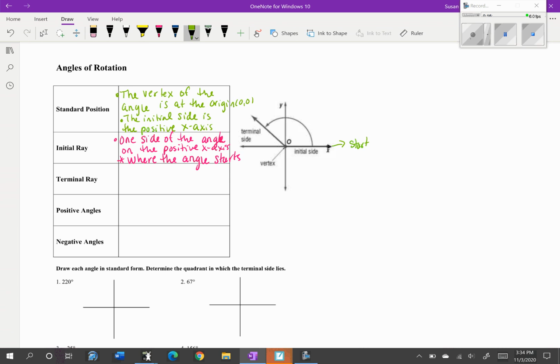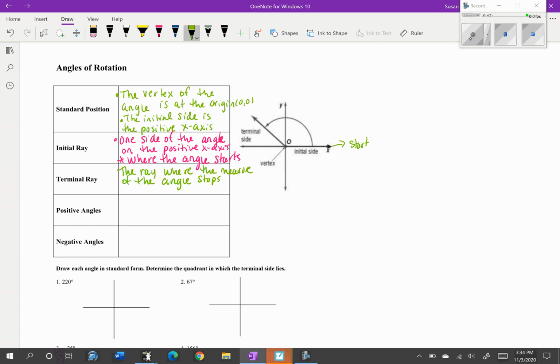The terminal ray is the ray where the measure of the angle stops.